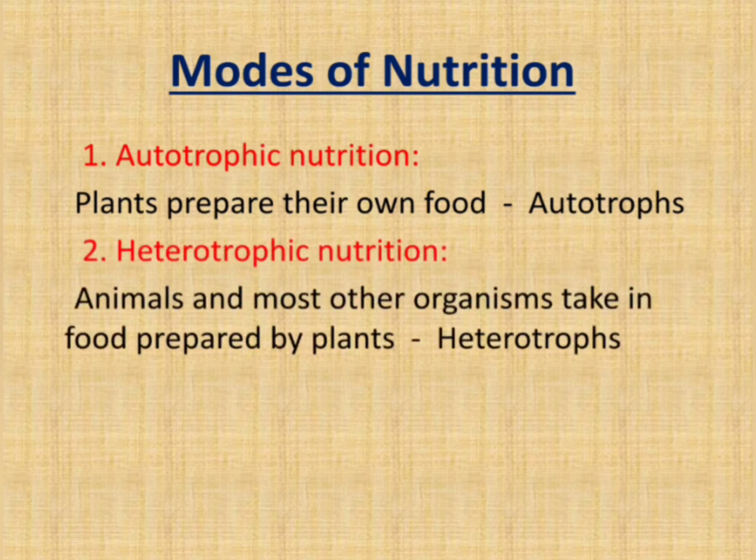Animals and most other organisms take in food prepared by plants, so they are known as heterotrophs. This type of nutrition is known as heterotrophic nutrition. There are two modes of nutrition: 1. Autotrophic nutrition. 2. Heterotrophic nutrition.